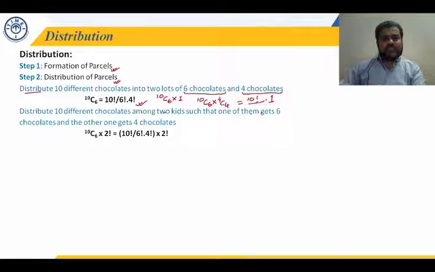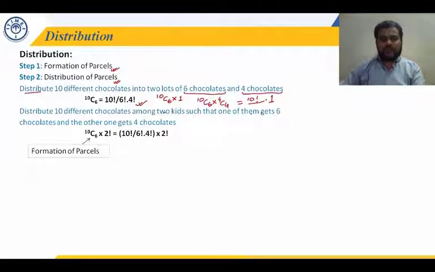In this case, 10C6 is for formation of parcels, and into 2 factorial is for distribution of parcels. When you write the formula for 10C6, it will be 10 factorial by 6 factorial into 4 factorial, and this whole thing is to be multiplied with 2 factorial.